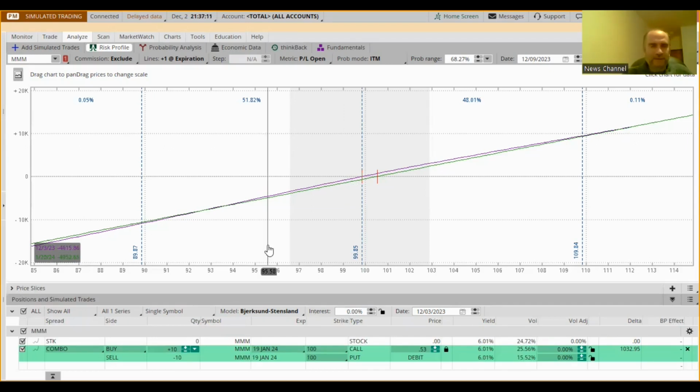That's not going to guarantee you getting out where you want to get out, because options are volatile, with slippage, so it could be more time consuming as opposed to just the stock where you can set a stop loss. I mean, you can get slippage in a stop loss if the stock gaps down or something like that, but there's more of a chance you'll get a better fill with the stock than actually closing a two-legged option. So that's the other issue with this trade. There's a pro to this trade and there's several cons to it.